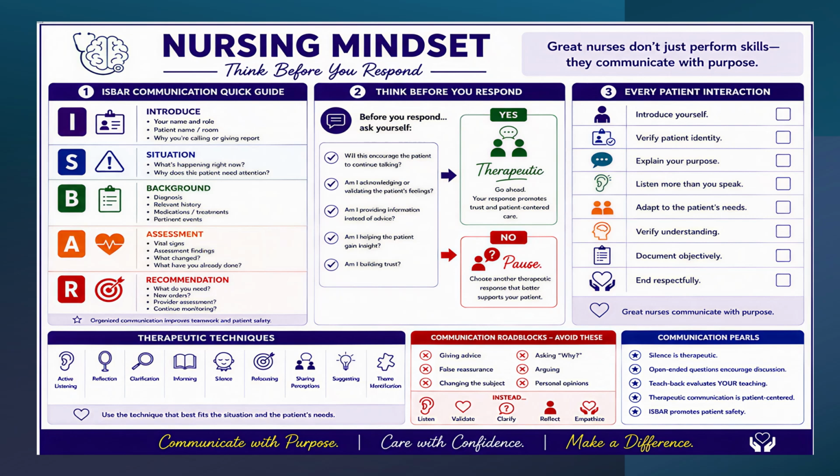Therapeutic communication includes techniques such as active listening, reflection, clarification, informing, silence, refocusing, sharing perceptions, suggesting, and theme identification. The goal is not to fix the patient's problem for them. The goal is to support the patient, to understand their concerns, and to promote patient-centered care.